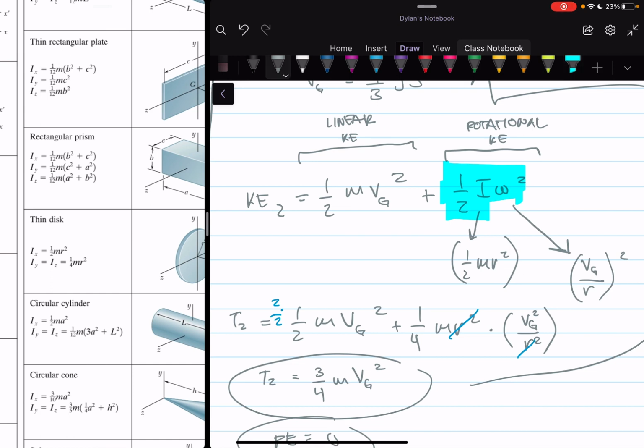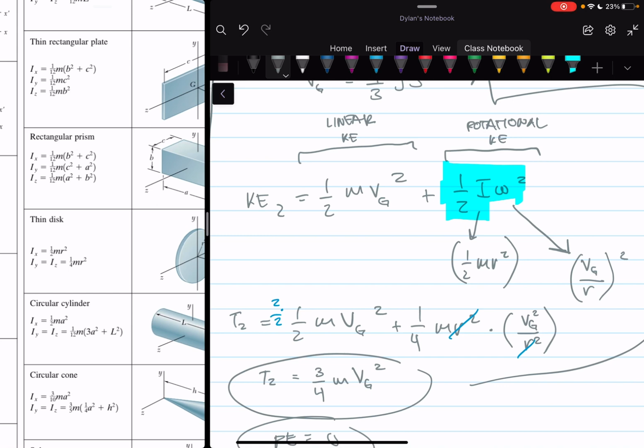And then omega, that's a velocity, but it's rotational, so we need to convert that to linear because that's what the question is asking: the velocity of the center of the cylinder after it's moved downward. So that's just v over r, and then we square that because omega is squared.